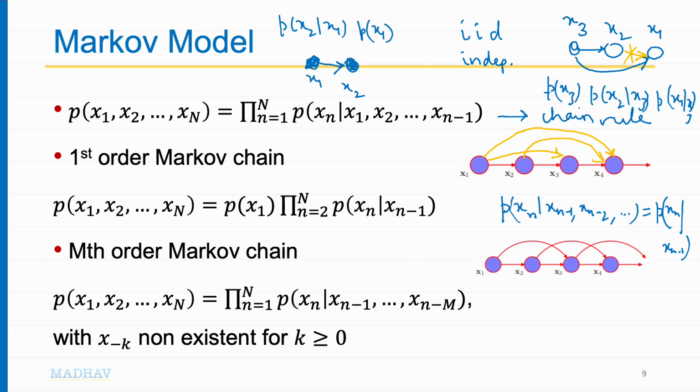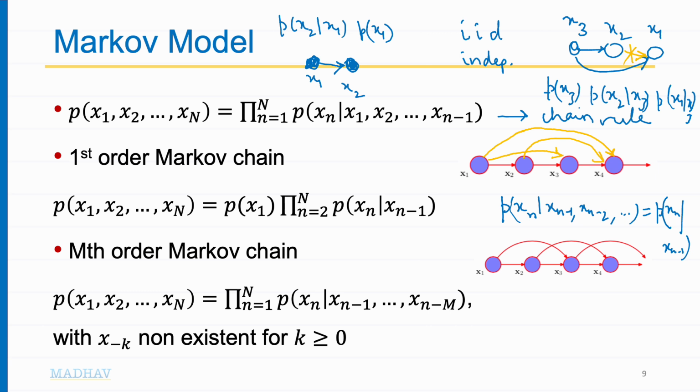That's it, right? So now you see that we have removed three arrows to make it a first order Markov chain. So a Markov chain is a simplification by reducing the model complexity, by making the assumption that dependence is not very long, it's only on the immediately previous node. That's the first order Markov chain.